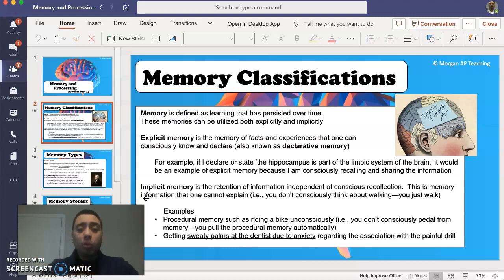And when we talk about procedural memories, we're talking about implicit memories. So explicit memories are memories you can declare, that you can tell people about, like, hey, I went to the zoo yesterday. Implicit memories are non-declarative memories, memories that we don't tell people about. Like, you don't go up to somebody and say, hey, this is how I tie my shoe. It's just not done that way. So, explicit and implicit memories.